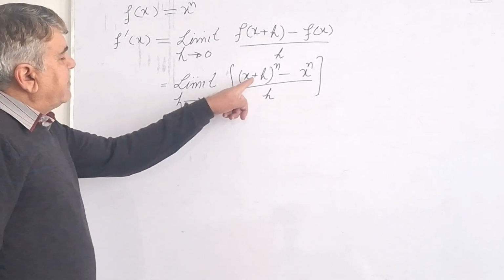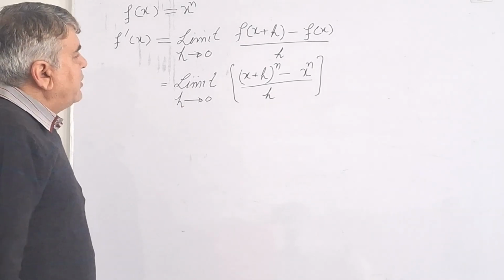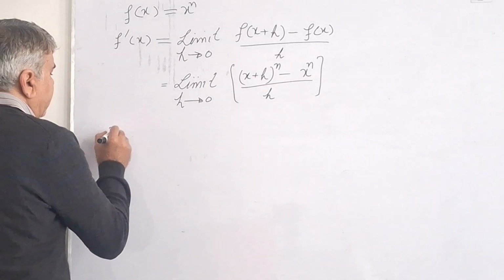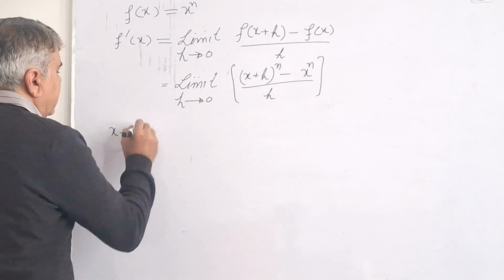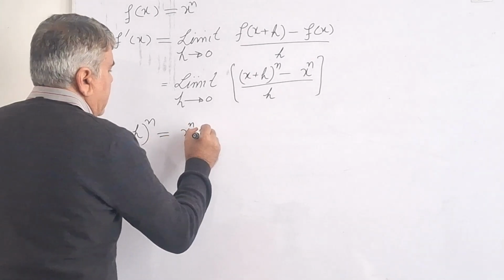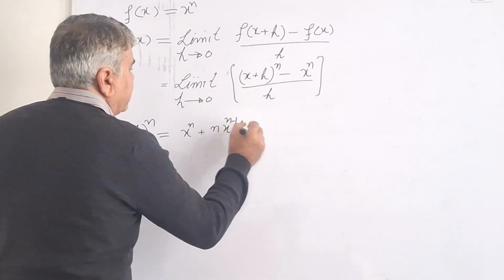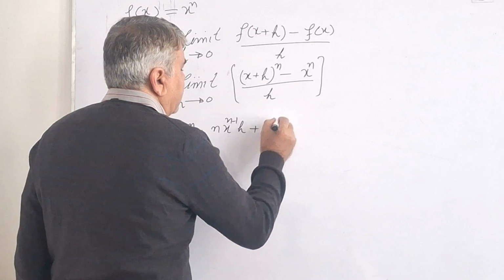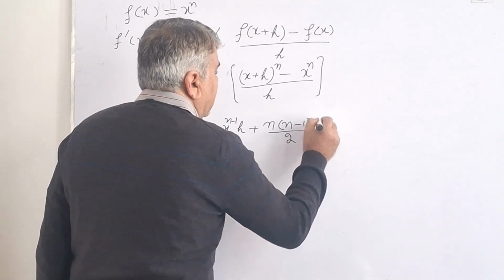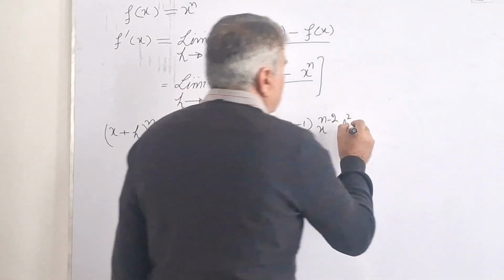And so we first need to find an expansion of this term, and that is quite easy because we know from the binomial theorem that x plus h to the power n can be expressed in the form x power n plus n x power n minus 1 h plus n into n minus 1 divided by 2 x power n minus 2 into h squared, and so on.